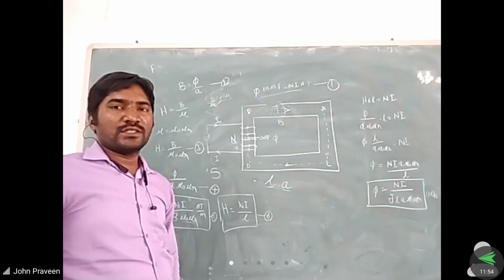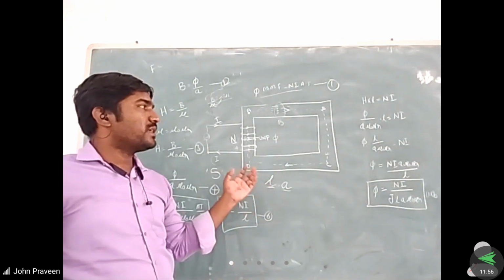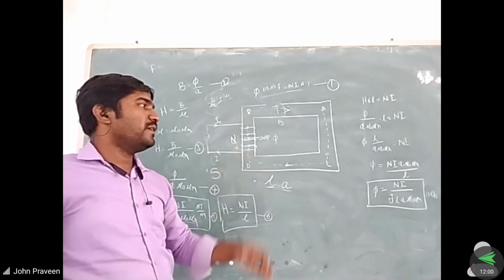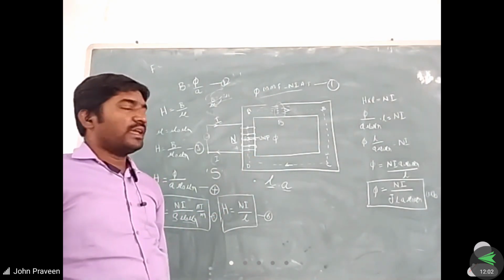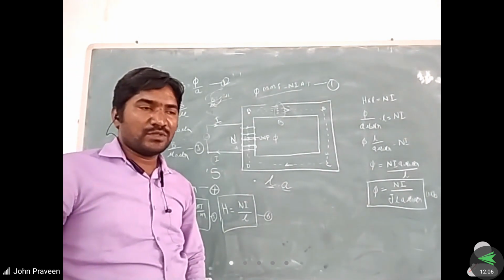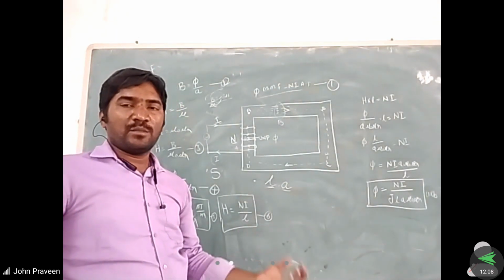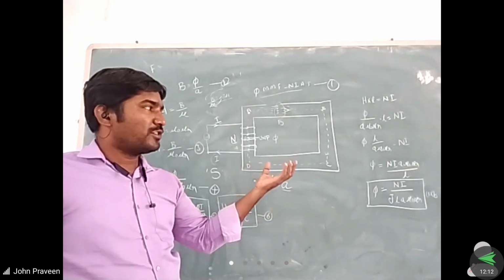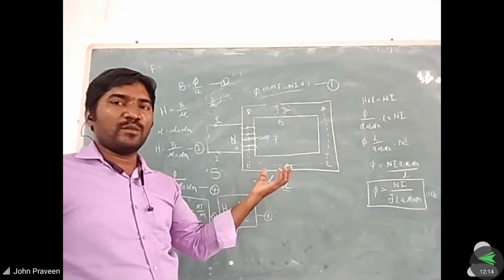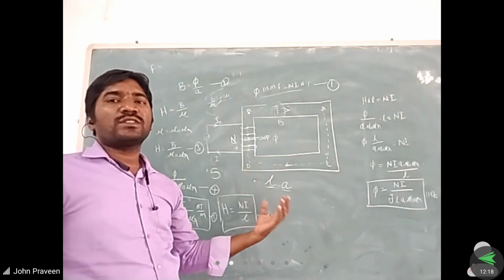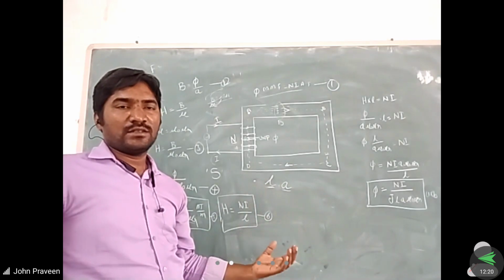Then phi is equal to, we are getting the equation as N i a mu naught mu r by L. Here, if we apply the constant rule, then the entire constant portion becomes the denominator. But there is a Joule constant that will appear.